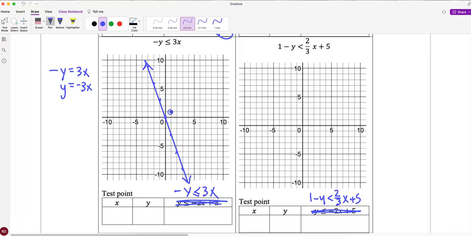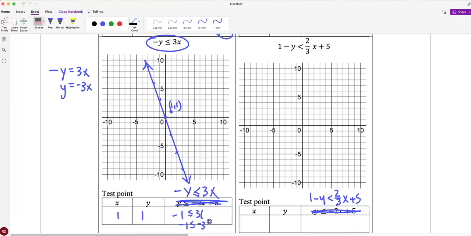So let's just try the point 1, 1. I substitute 1, 1 into this formula. Is negative 1 less than or equal to 3 times negative 1? Sorry, back up on that mistake here.